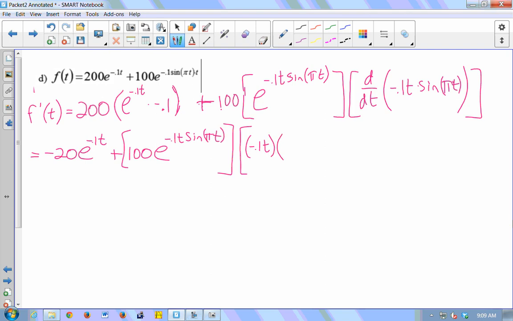What is the derivative of the sine of some stuff? Cosine of that stuff times the derivative of the stuff. So sine of pi t, its derivative will be the cosine of pi t times what?